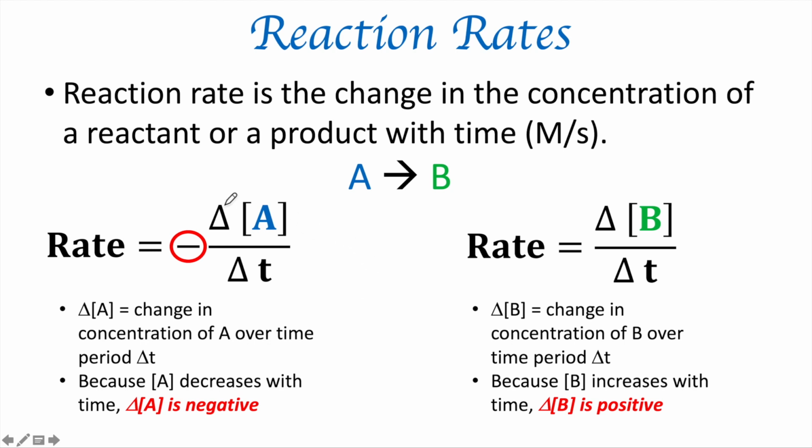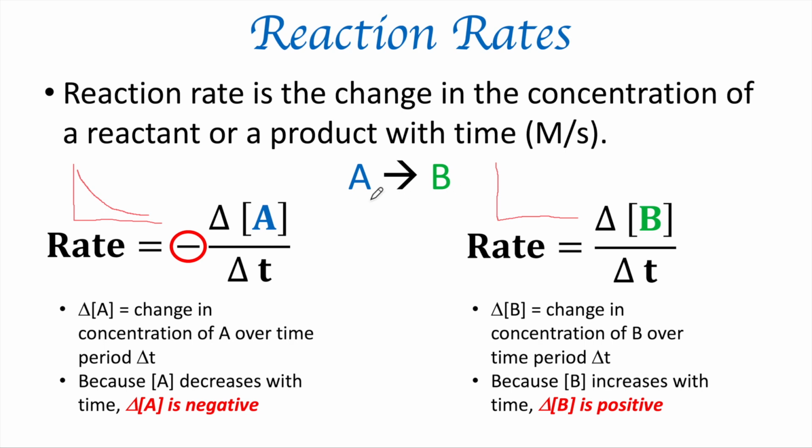If you were to graph this out, like for A, typically A is your reactant, so you're going to have a high amount. As time goes on, this is going to slope down. The general shape of that line is a negative slope. That's the reason you have a negative value, because you're losing material. Basically, you're subtracting material. B, on the other hand, is a product.